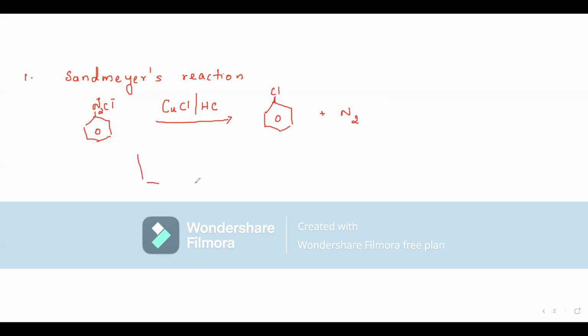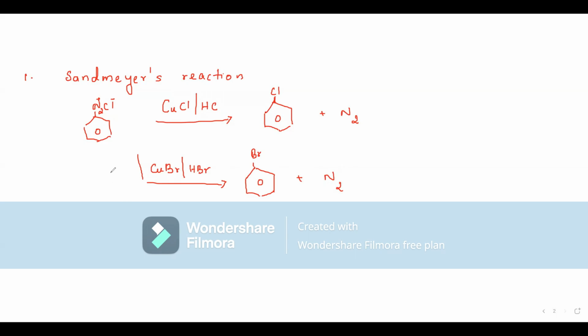If the same diazonium chloride is treated with cuprous bromide in presence of HBr, then the product is bromobenzene along with nitrogen.